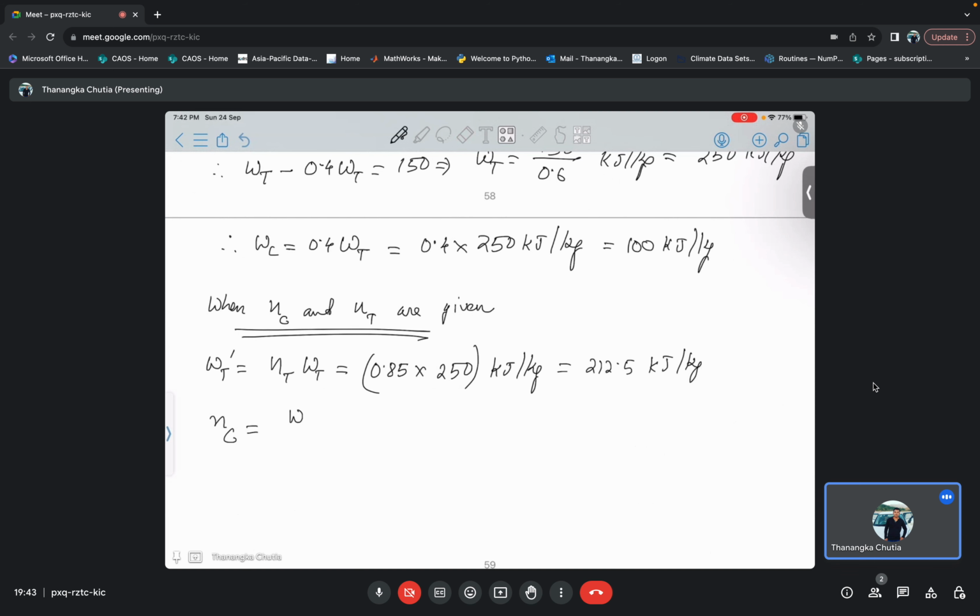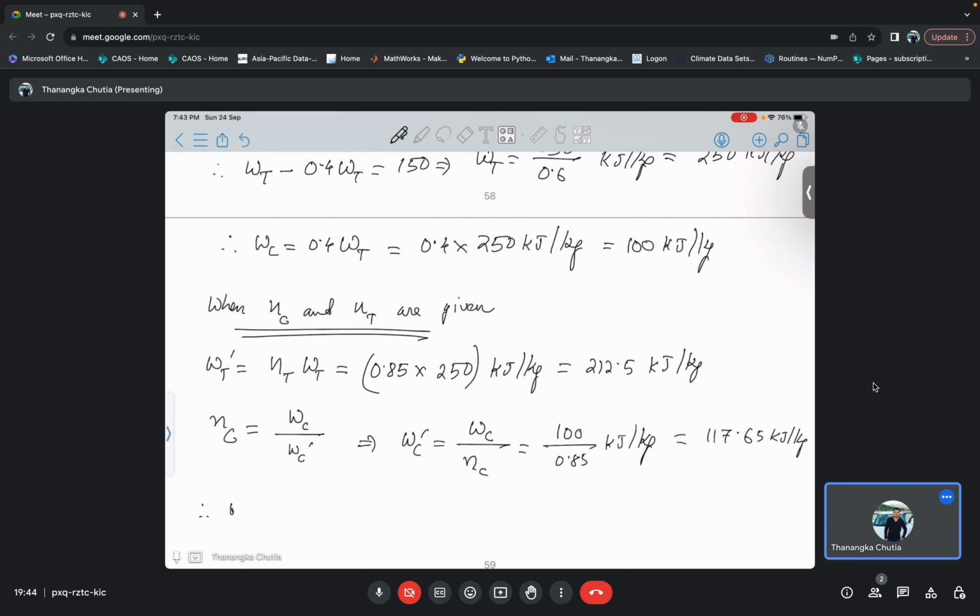Actual work done of compression. So from here WC prime is WC divided by eta c. So what is WC prime? 100 divided by 0.85 kilojoule per kg, which is 117.65 kilojoule per kg.